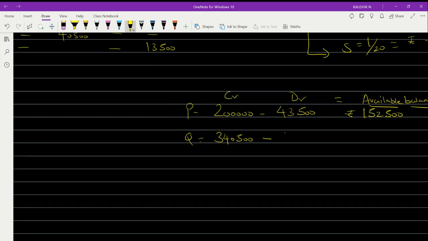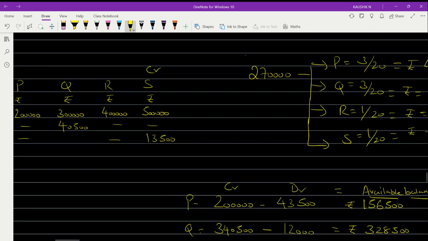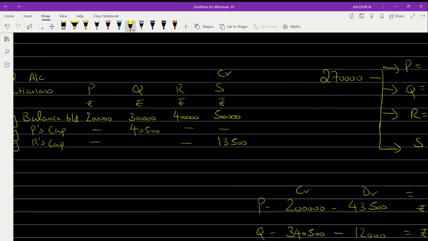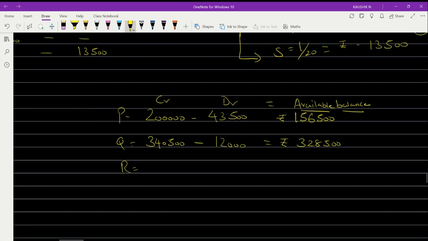What is the difference between these two values? Okay. So these two are clear, right? Now the same way for R. What is the value available for R? Write it on the credit. 4 lakhs.